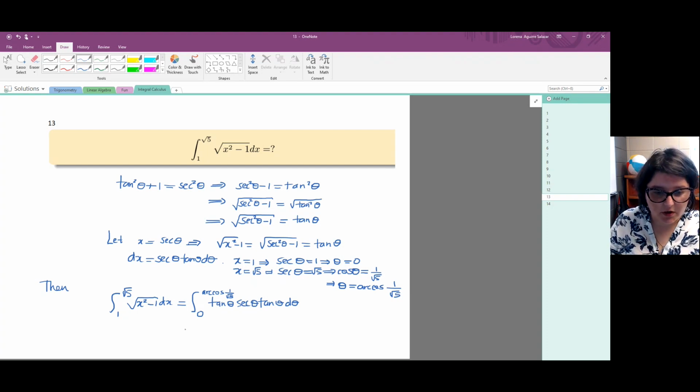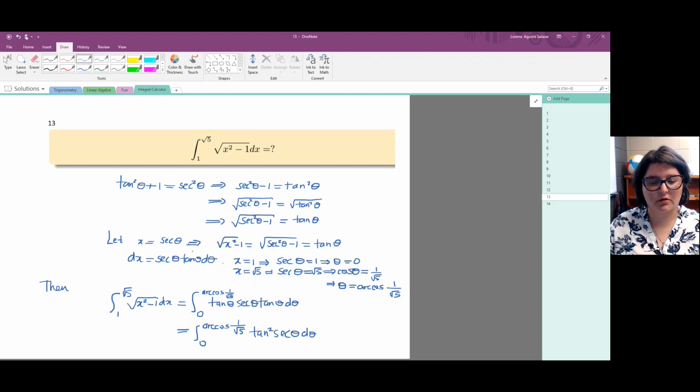Okay, so we're working with the integral from 0 to the inverse cosine of 1 over root of 5 of tangent squared times secant of theta d theta. So we just turned an integral that involved a root into an integral of a trigonometric function. And to find the integral of this trigonometric function, we can use various tricks. This problem is going to get a little bit long, so let's go to a different page.